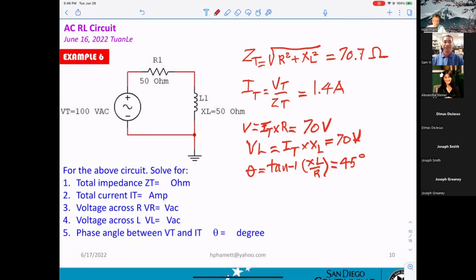You press tan⁻¹ to get the angle. Make sure you can get 45 degrees.